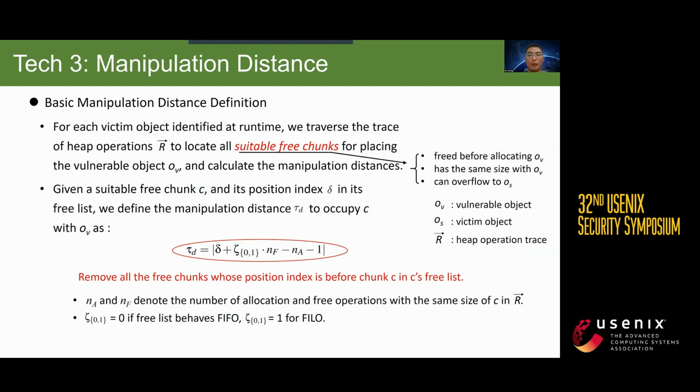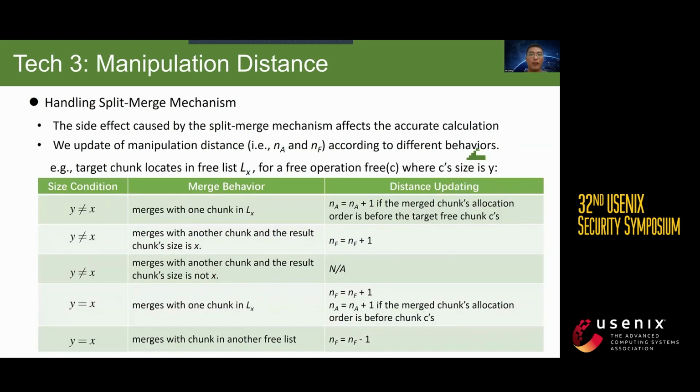By reducing tau d to 0, we can remove all the free chunks whose position index is before chunk C in C's free list. However, the chunk split and merge mechanism in modern heap managers affects the calculation of tau d. We update the manipulation distance according to the different behaviors.